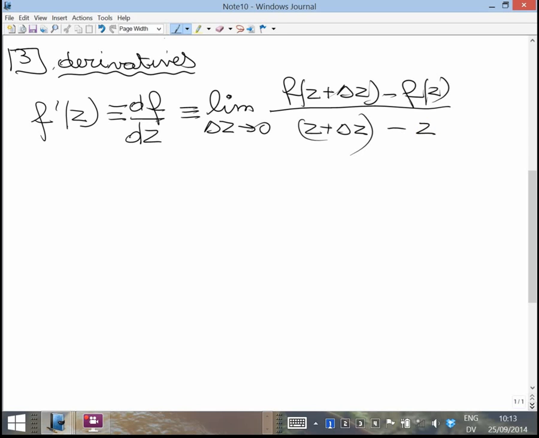So this is quite a sensible proposition. I hope you'll agree with me, because this is just the definition of derivatives on the real axis where we replace x by z. So that's the most logical thing we can do.